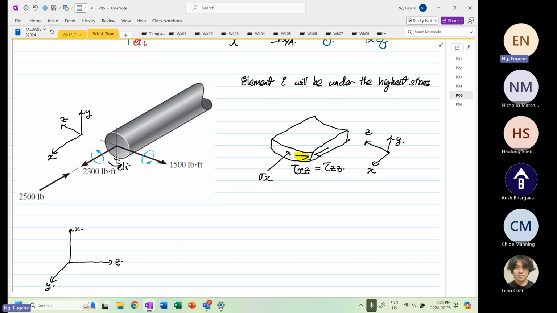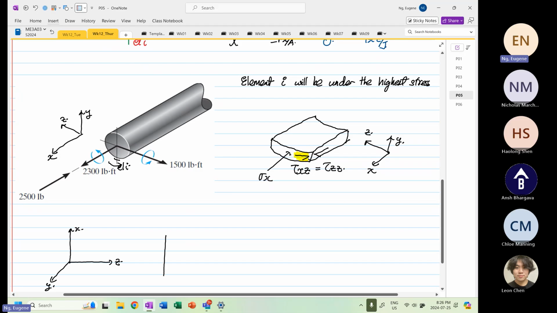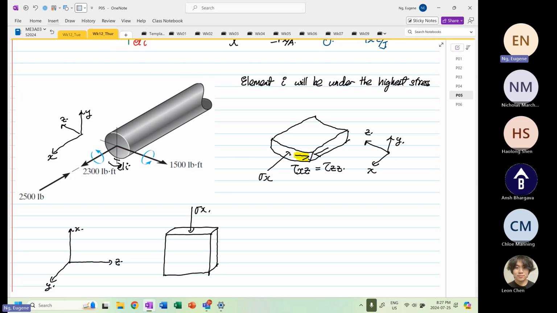When I do that, this is how the structure will look now. I'm going to draw it as a simple element and get rid of the curve. We know that stress X will be coming down this way, and because of how we orientate, you have to somehow visualize this: it's pointing in the opposite direction.